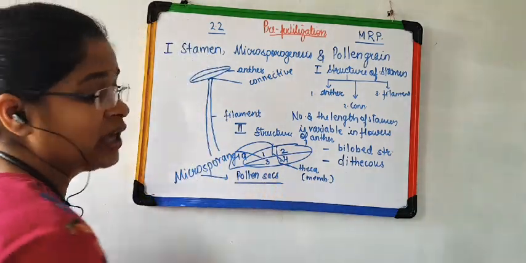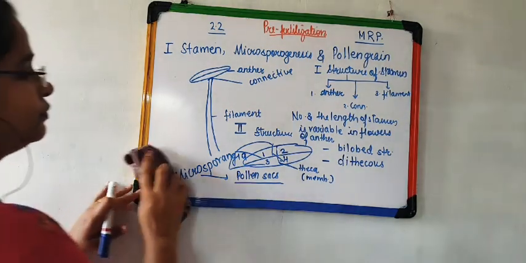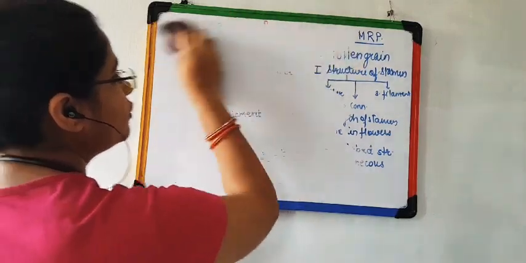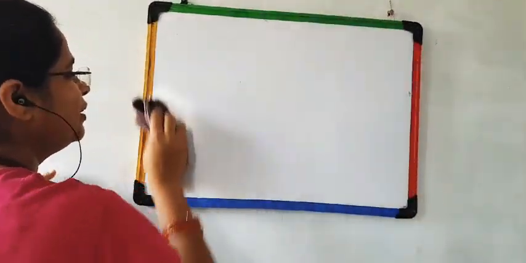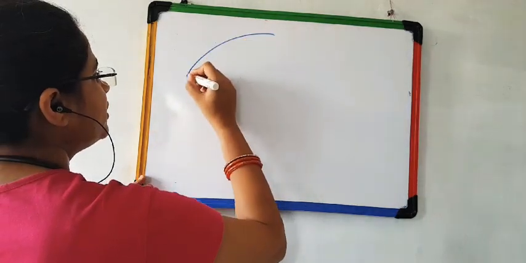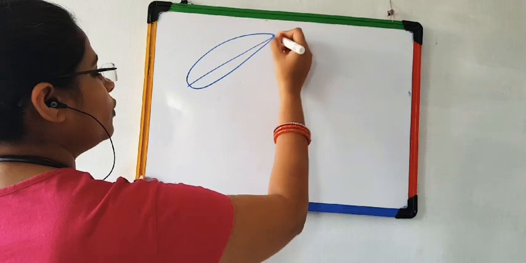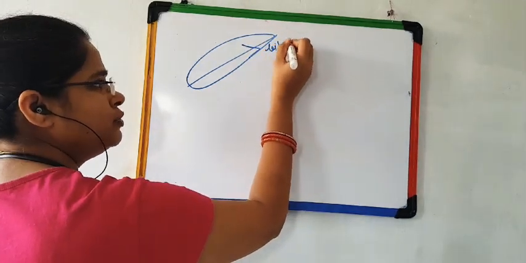Next is the structure of the anther. In the structure of the anther, what did we study? We studied that this anther is divided into 2 lobes, right? Therefore, it is called bilobed.